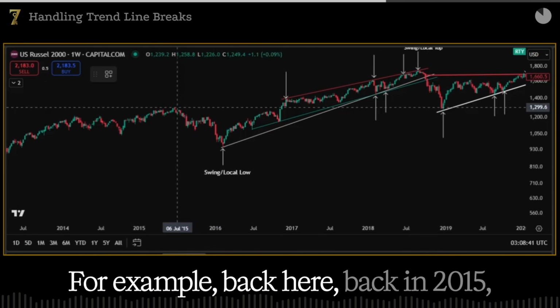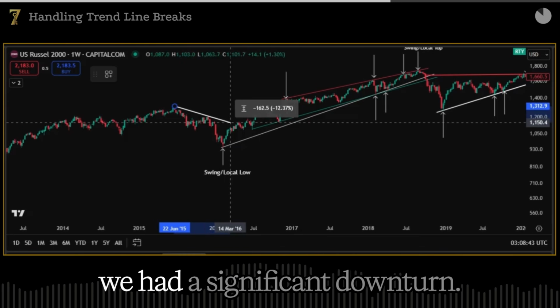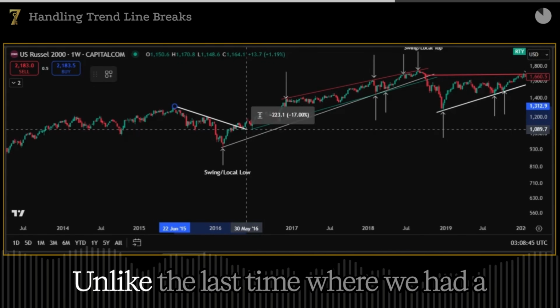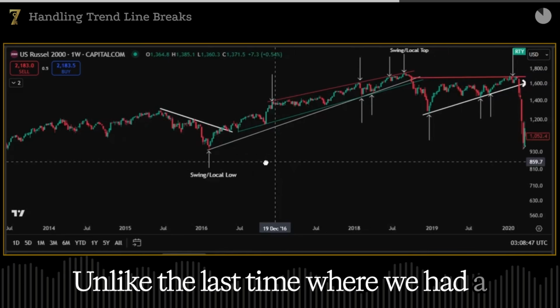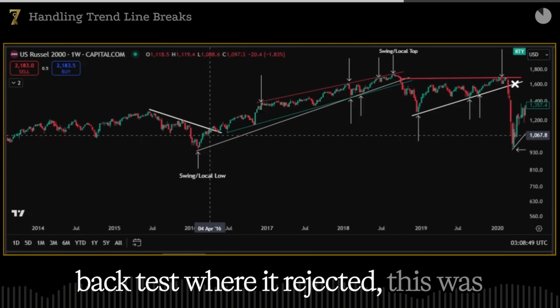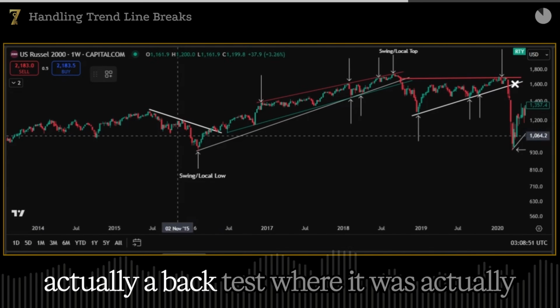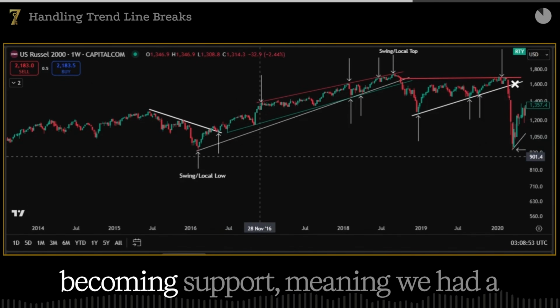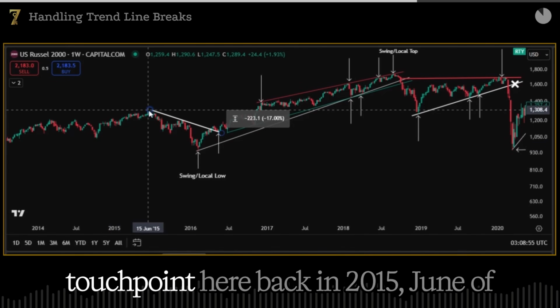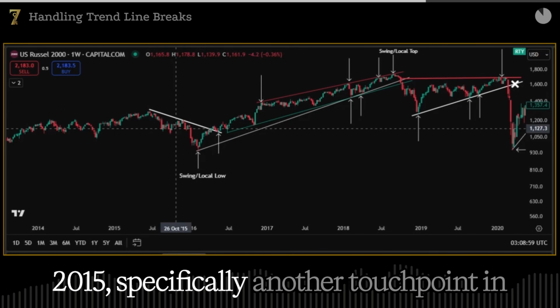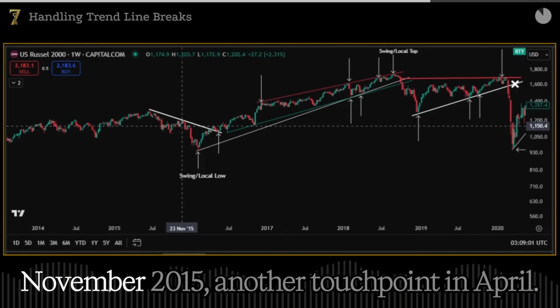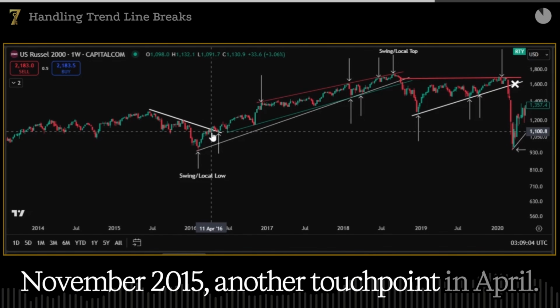For example, back in 2015, we had a significant downturn. Unlike the last time where we had a back test where it rejected, this was actually a back test where it was becoming support, meaning we had a touch point here back in 2015, June of 2015 specifically, another touch point in November 2015, another touch point in April.